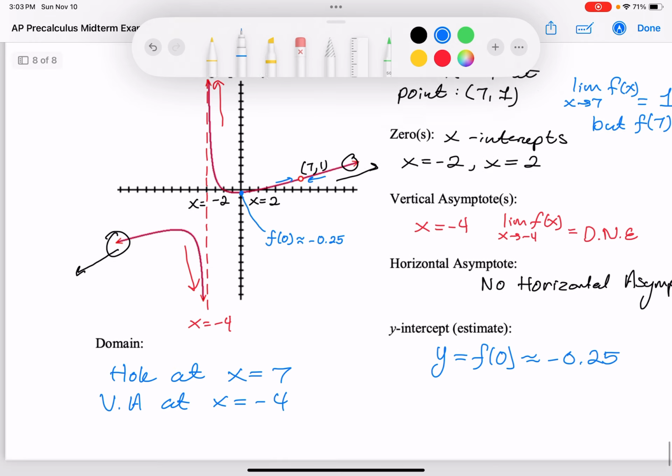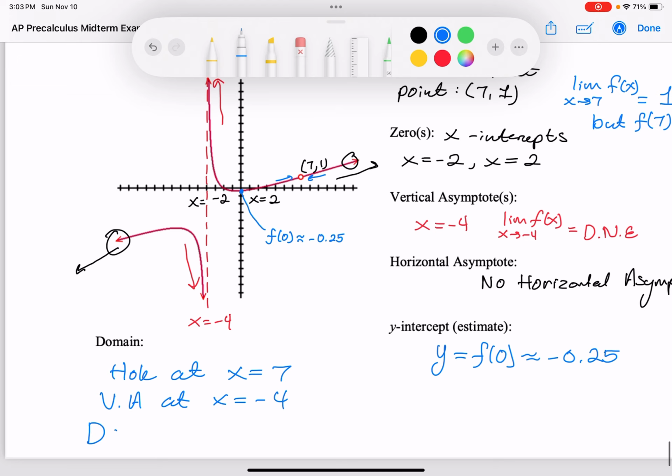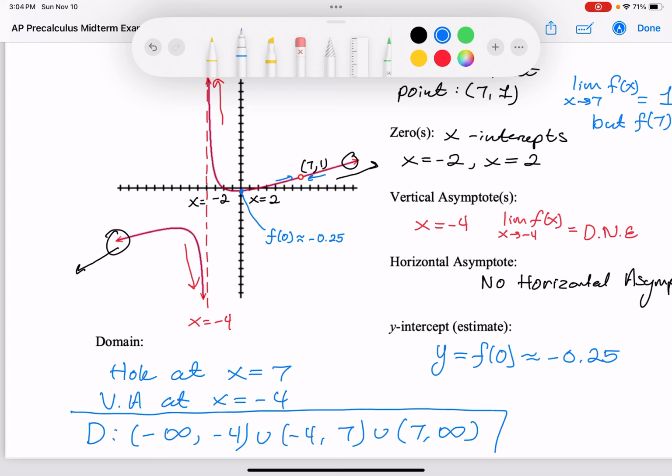So when you write the domain of your function, the domain is all x values except for -4 and +7. So it can be any x value that is smaller than -4, or any x value between -4 and +7, or any x value that is greater than +7. It could be any value of x except for -4 and +7.